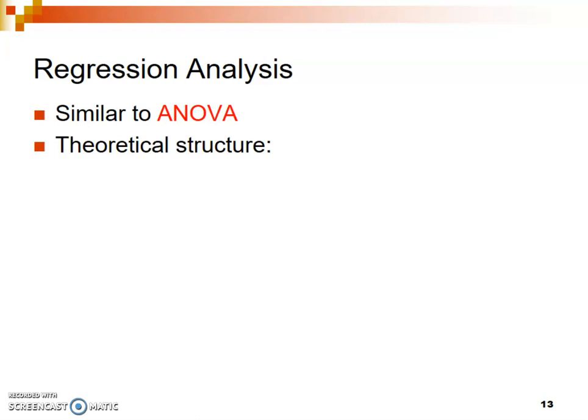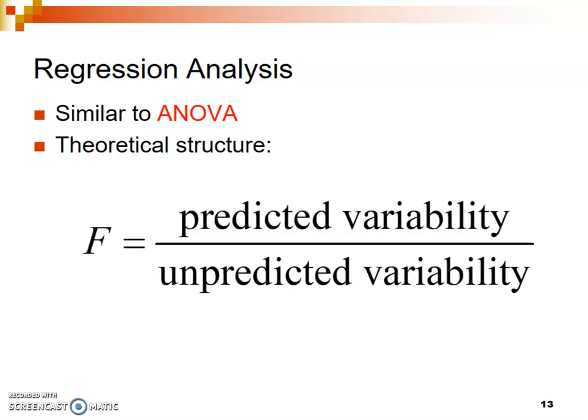The F ratio is a very different ratio in this chapter, because the F is looking at the predicted variance, or predicted variability. From that last slide, that would be the extent to which your variables are forming a straight line. And it compares it to the unpredicted variability, the extent to which your values are not falling on that line. In the next videos, I'm going to talk about how to do a hypothesis test and analysis in SPSS.